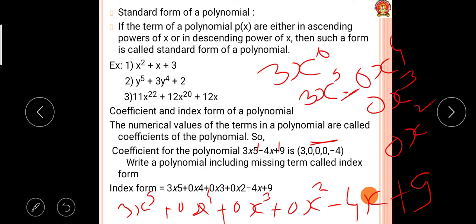This is the actual answer, and this is called the index form, and the earlier one is called the coefficient form.